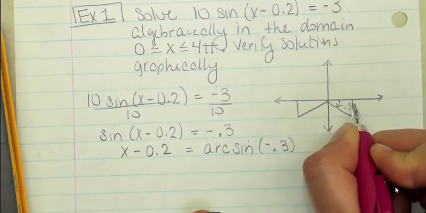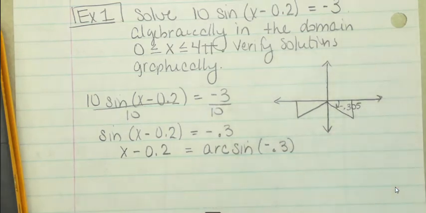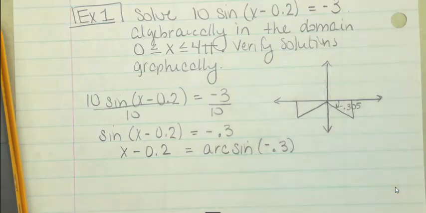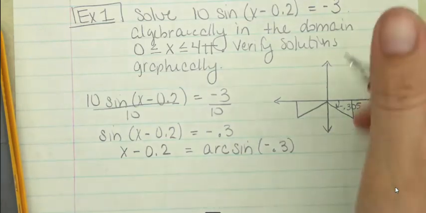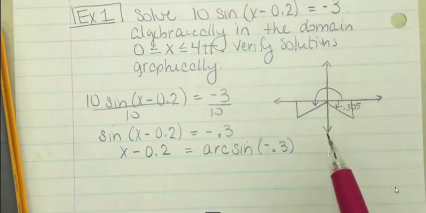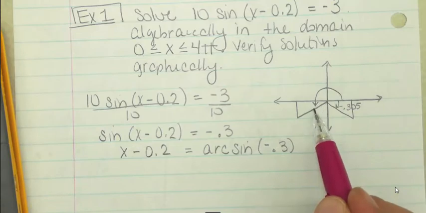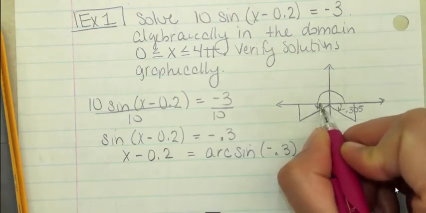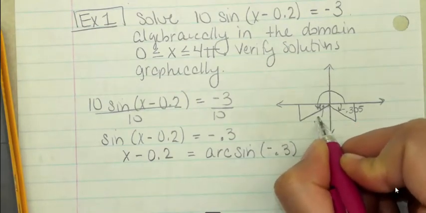It's really -0.305, or just a reference angle of negative 0.305. Now, if I think about this other angle then, what do I need to do to it? I'm going to need to add 180, right, to 0.305. This is my reference angle. This angle right here is also 0.305.